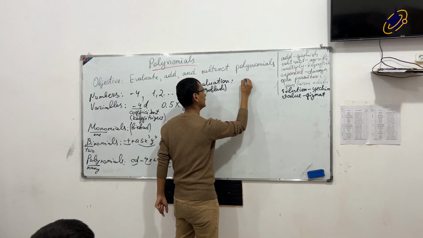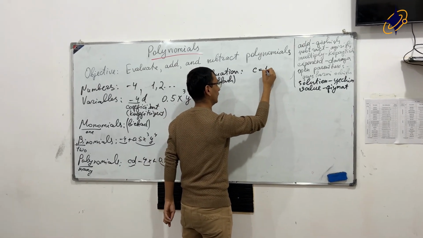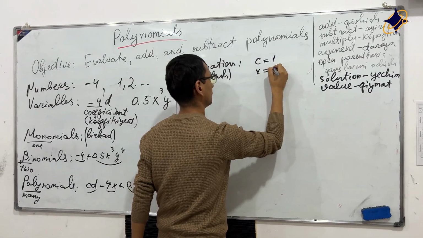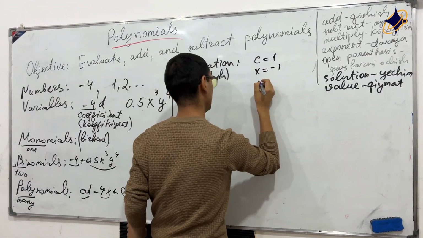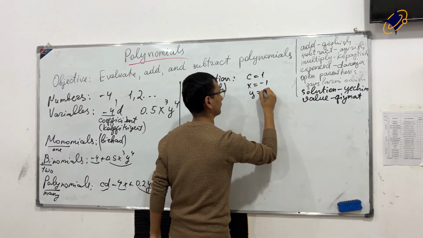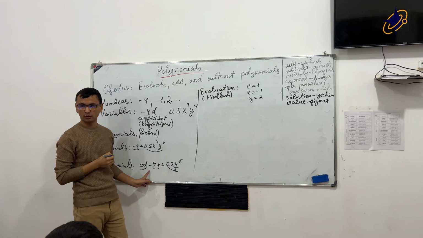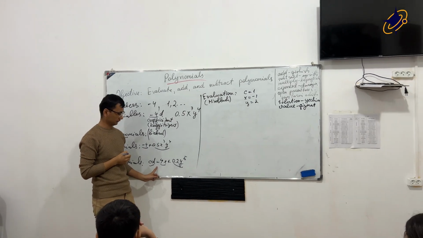If we have c equals 1, x equals minus 1, and y equals 2, we can evaluate this term or this polynomial.